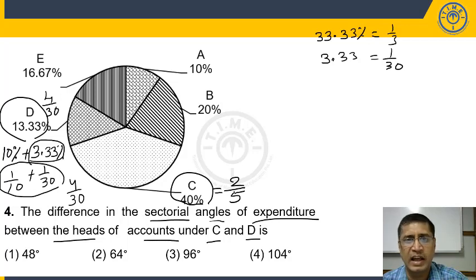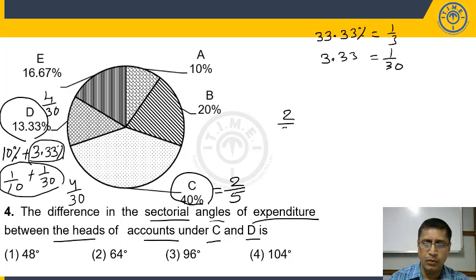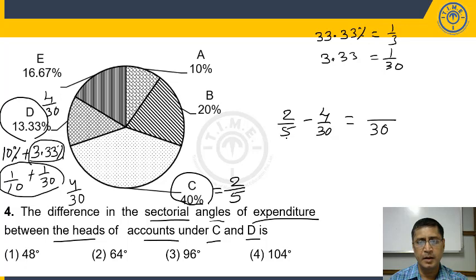Now what is asked here? Difference between the sectoral angles. So 2 by 5 minus 4 by 30. How much is the difference? 60 is the LCM. Here it becomes 6 times, 6 into 2, 12. 12 minus 4 means 8, into the angle we need to find, multiply with 360. What is the cancellation? 30 goes exactly 12 times. 12 into 8, that is 96.